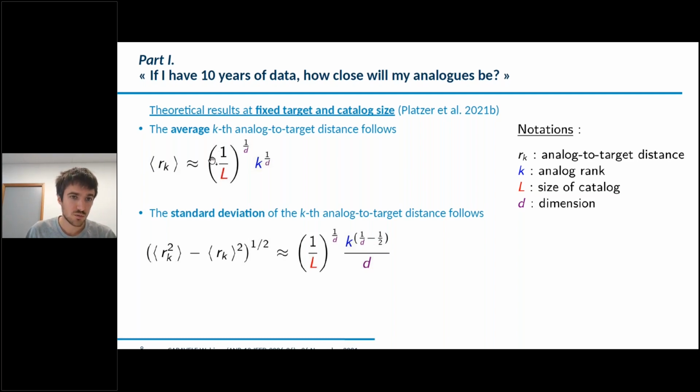Here, the first part tells you that the size of your catalog, the catalog being the data set that you're using, so here L is 10 years, is taken to the power 1 over D, where D is the dimension. That means that the size of the catalog that you need for a given analog precision grows exponentially with the dimension.